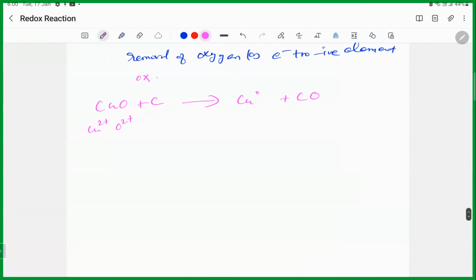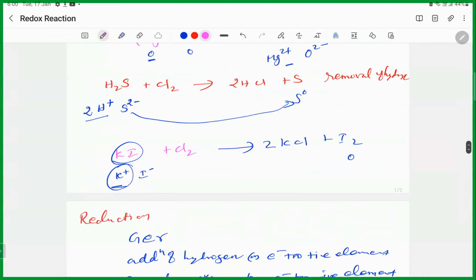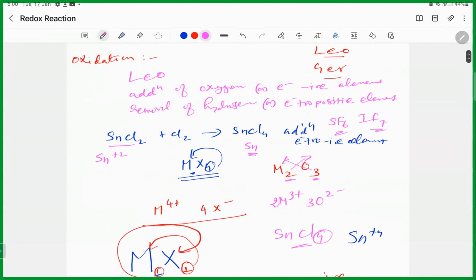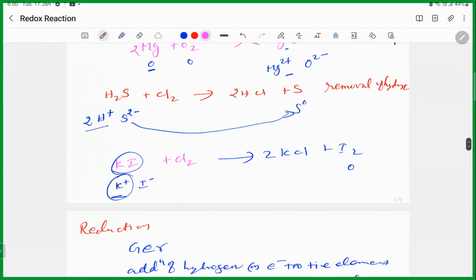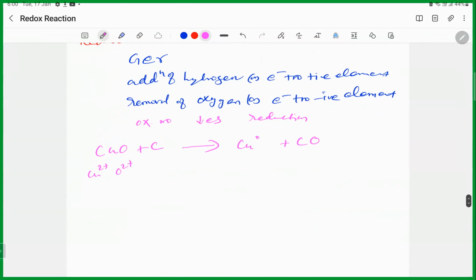When the oxidation number decreases, it becomes reduction. You can also say, when the oxidation number increases, it becomes oxidation. So when you take copper oxide plus carbon, it becomes copper 0. This is called removal of oxygen.